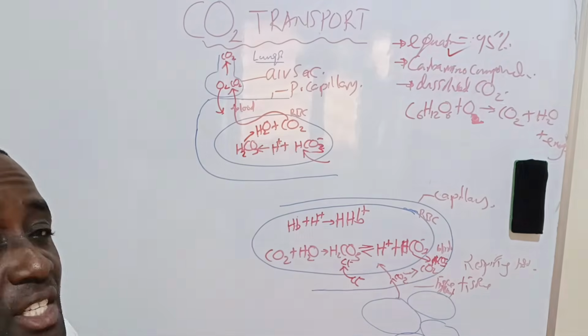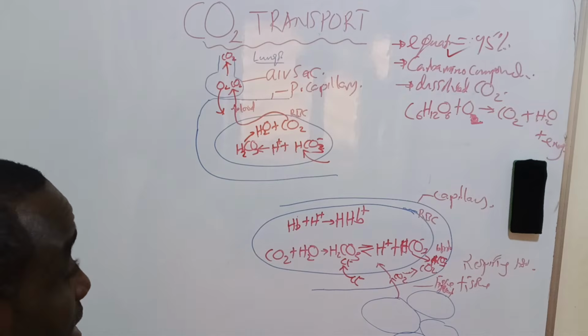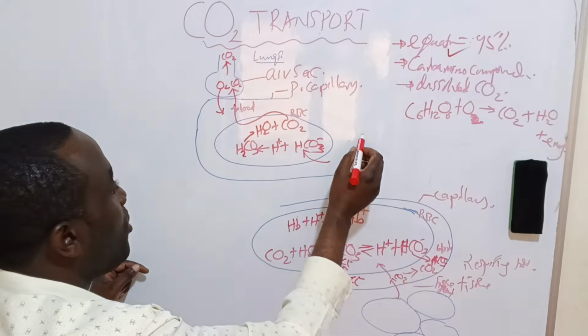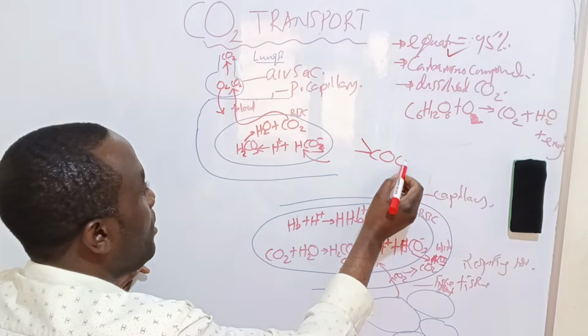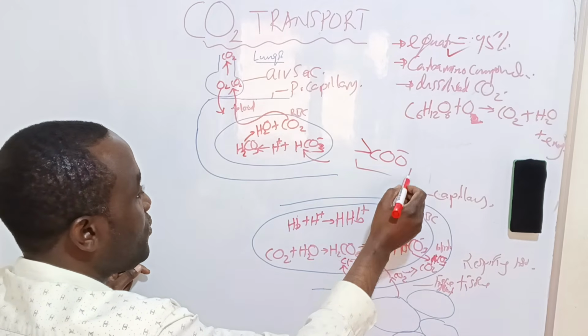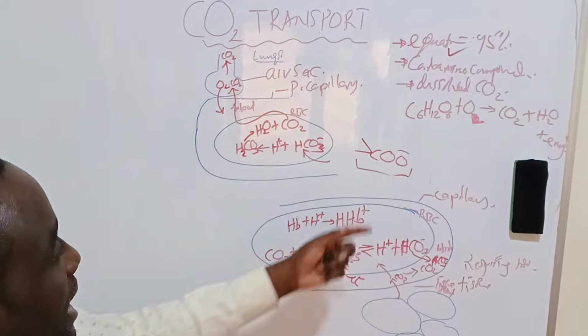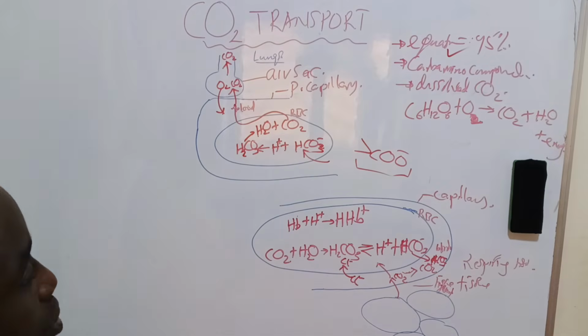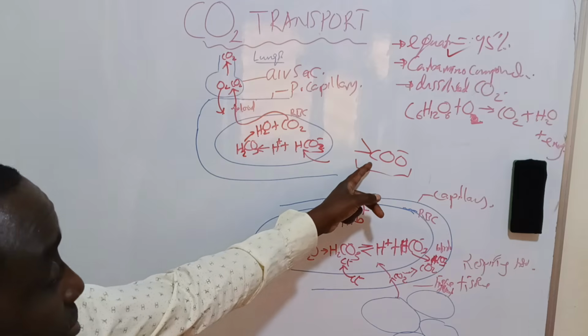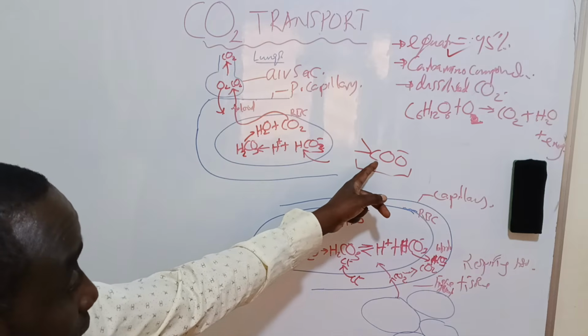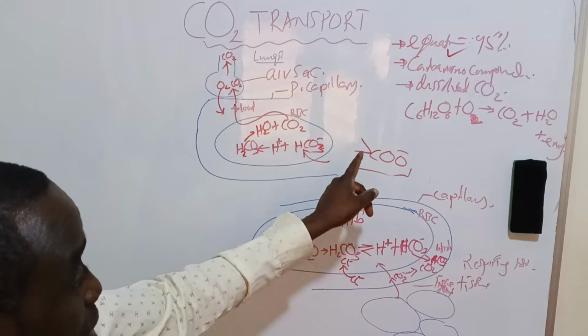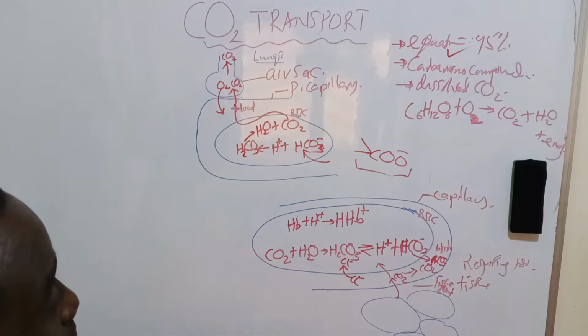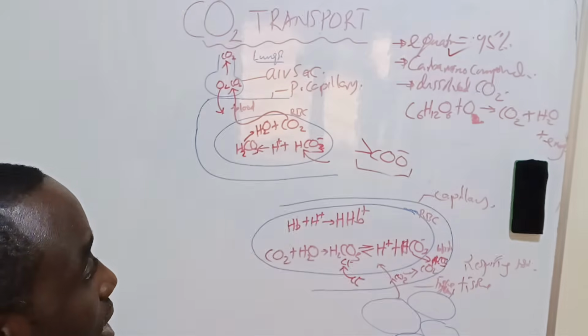Some of them have certain side chains which combine with carbon dioxide to form carbamino compounds, and the protein is transformed in that format as carbamino compounds, where carbon dioxide is bonded, where this COO group is bonded to a nitrogen atom. So those are carbamino compounds. It is the second approach.